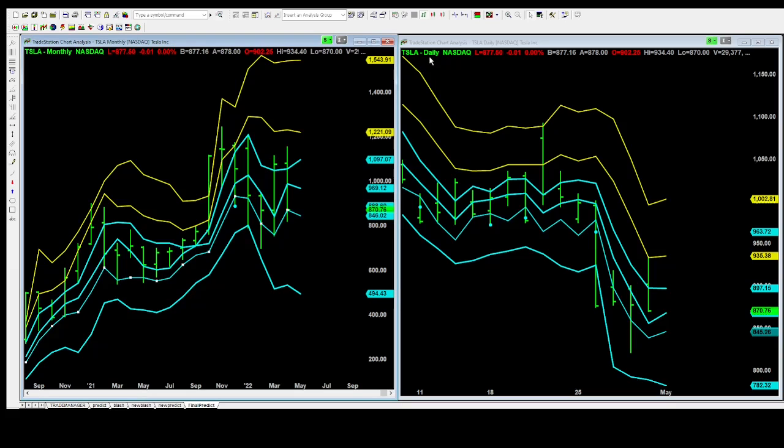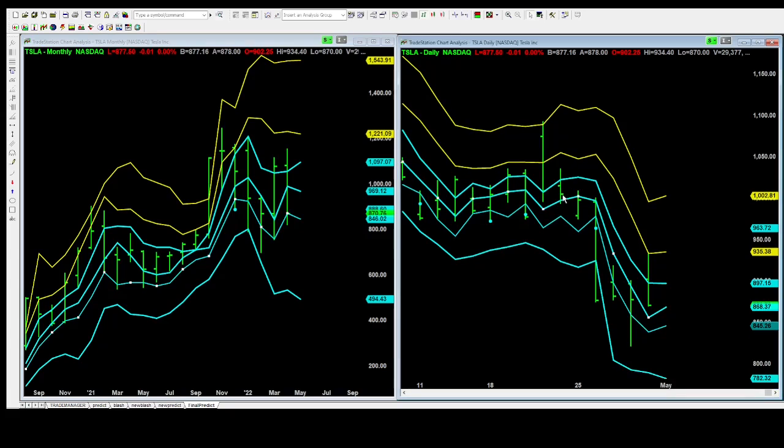If you go to the daily chart, that's last Friday, Thursday, Wednesday, Tuesday, and last Monday. The Friday prior to last week, it closed around $1,006, $1,004. Then on Monday, it opened low.